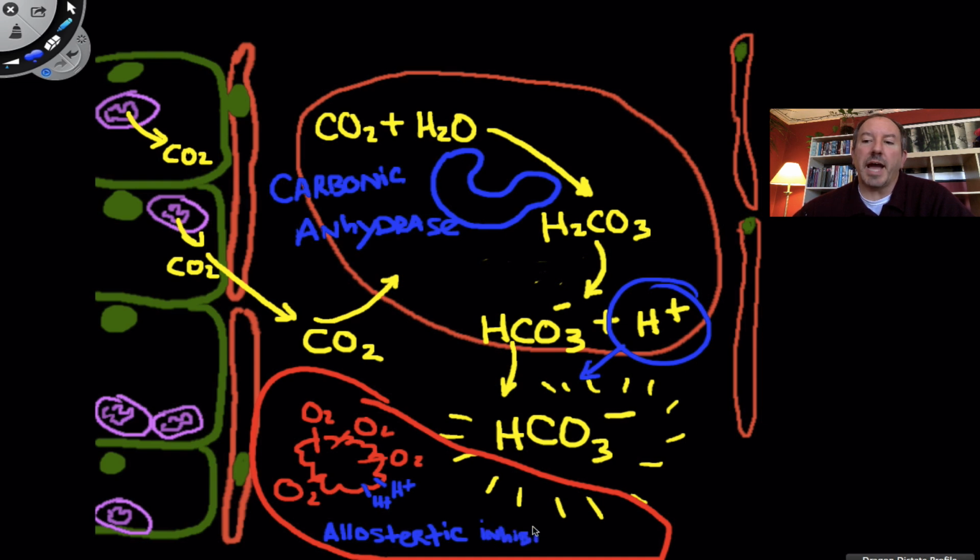And so if you've been studying biochemistry, you'll know that allosteric inhibition is sometimes discussed when the end product of a biochemical pathway binds to an enzyme and it temporarily changes its shape, therefore rendering it not as efficient. So what happens is when the protons attach to the hemoglobin, what that's going to do is alter the shape of the molecule, and it's going to allow the oxygen to pop off.